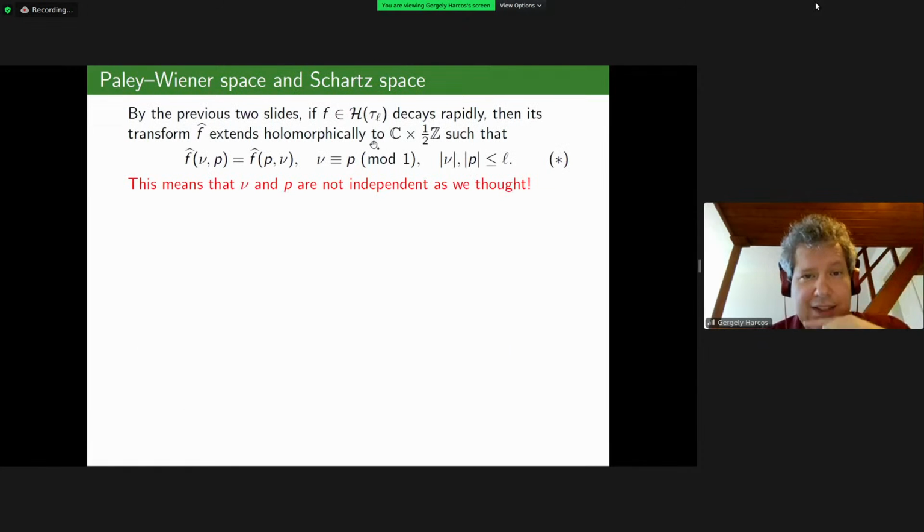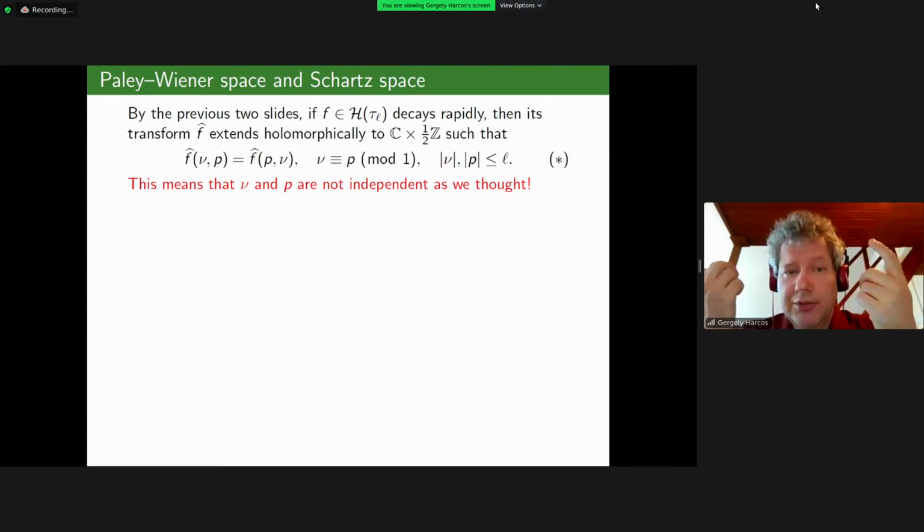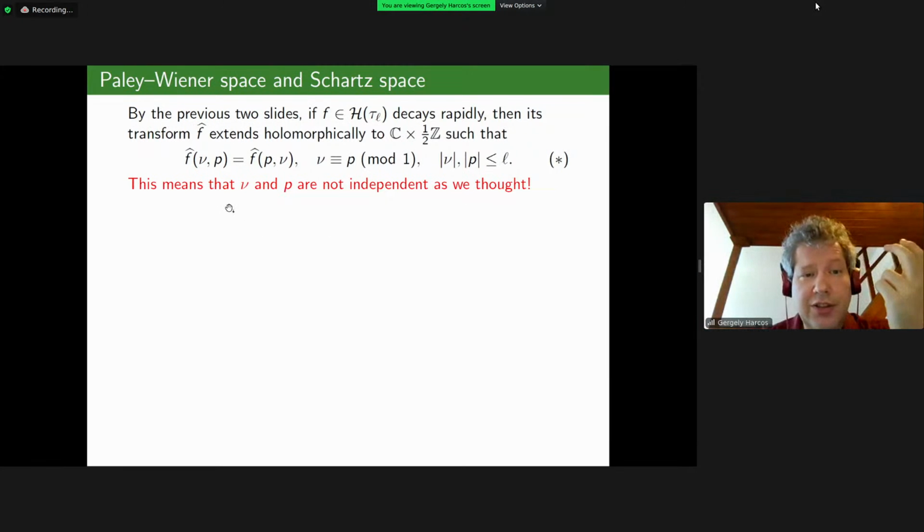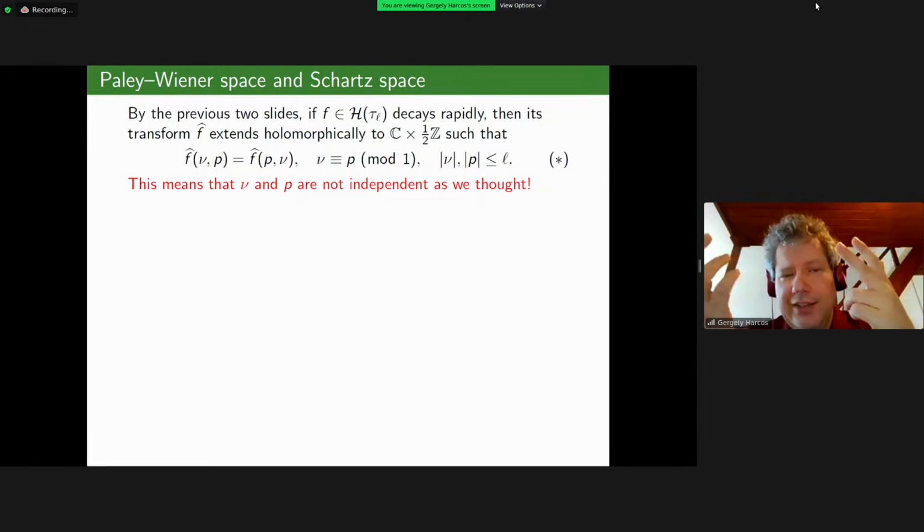So it says that, on the one hand, this generalized spherical transform f hat extends holomorphically in the new variable, and it satisfies this symmetry. And that means that nu and p are not independent as we thought.